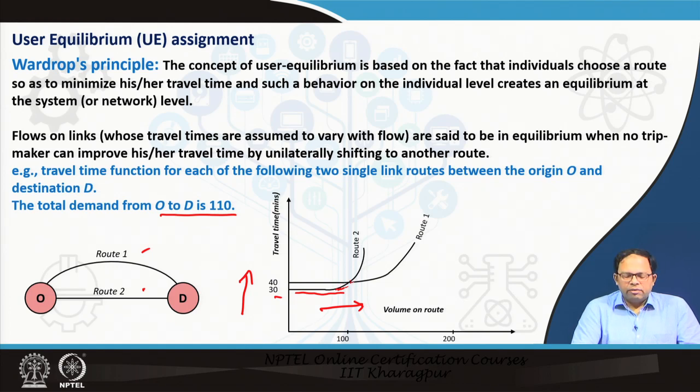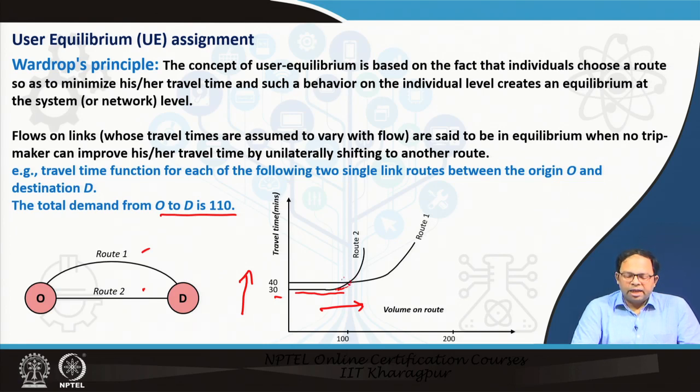So, for the next 10%, will they be assigned to route 2 or to route 1? Depending on the travel time, they will compare that, well, this is also 40 and route 2 has probably become 42.